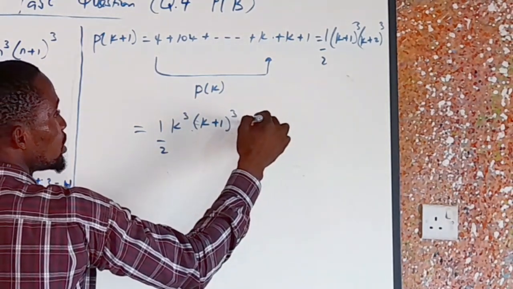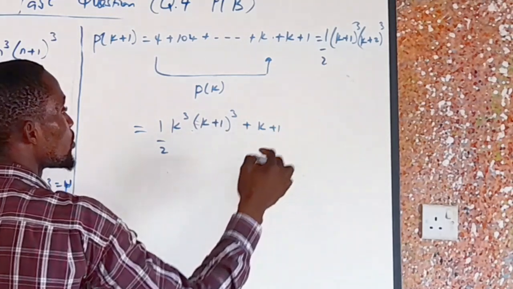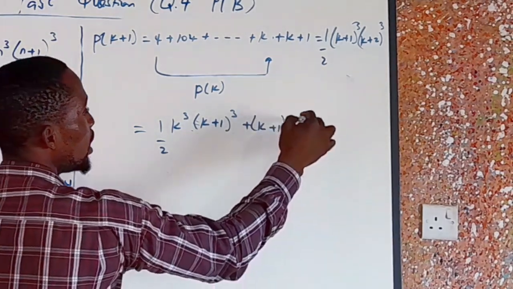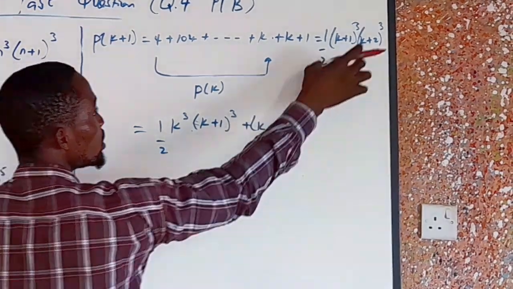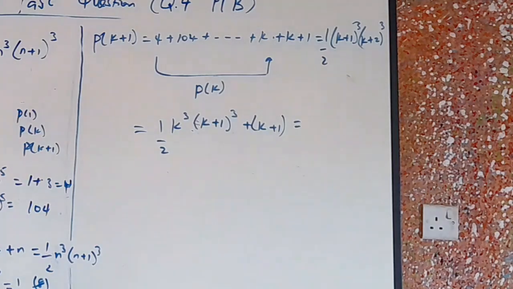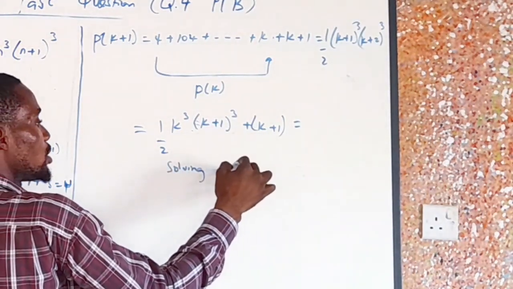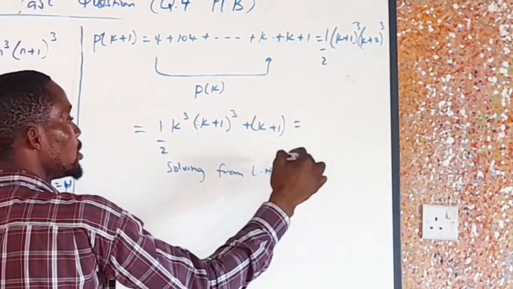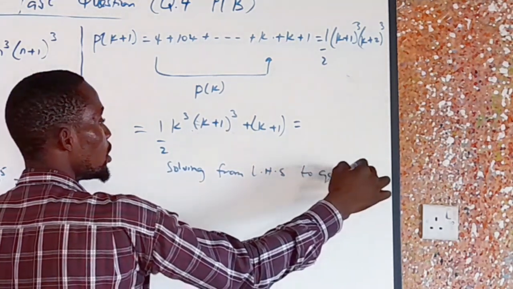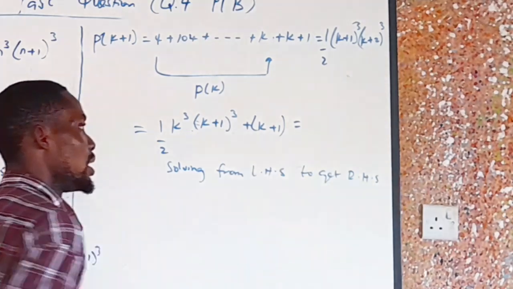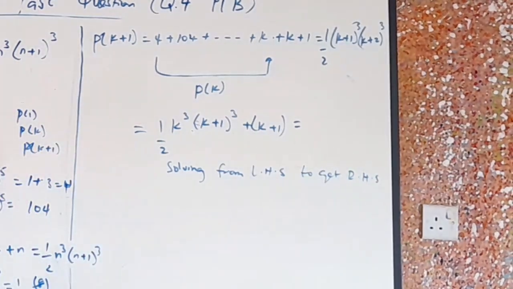k plus 1 is left. That's plus k plus 1. I can put this in brackets. Now everything must be equal to this when I solve. Now that is solving from left hand side to get right hand side. How do I solve? Very simple. Now look at this.